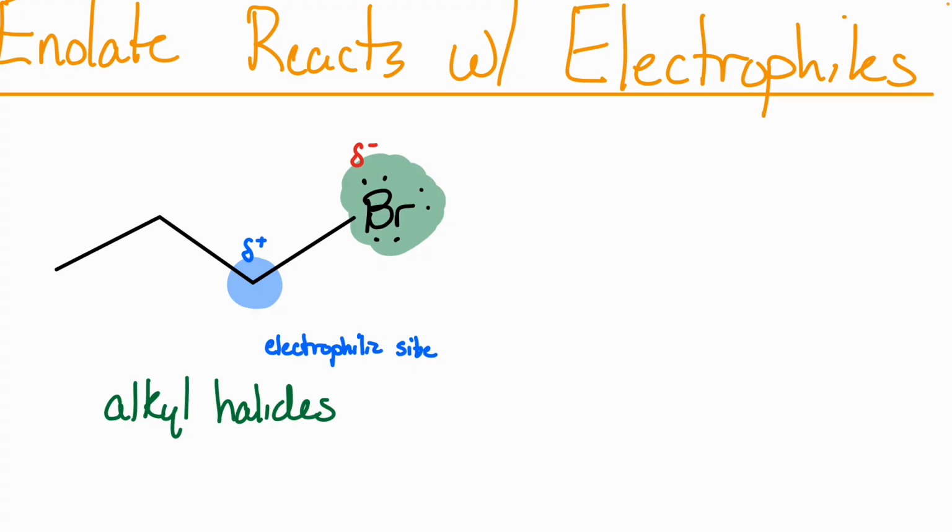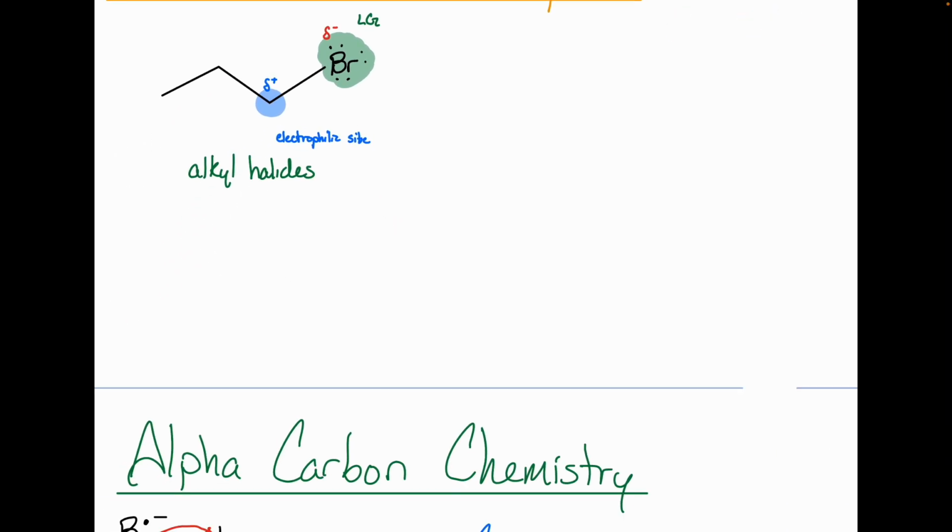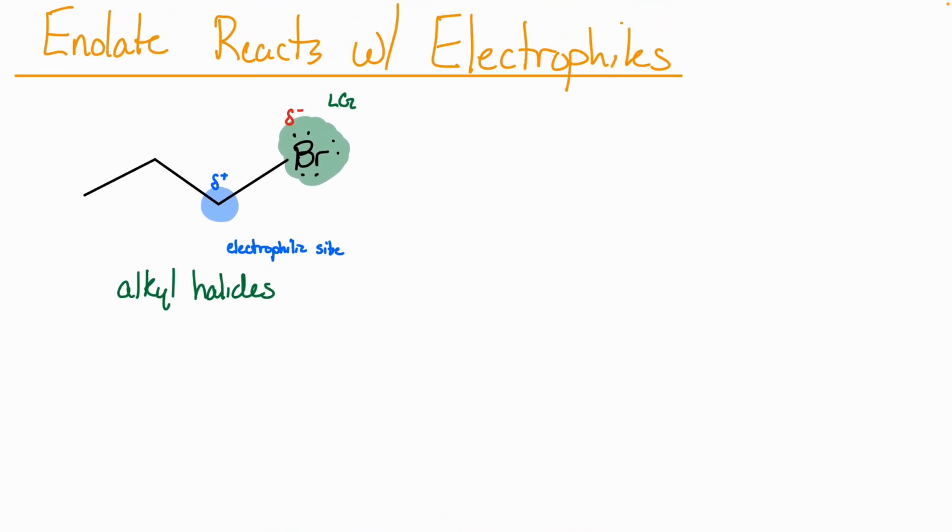The leaving group. Right, so alkyl halides are good electrophiles because they have that relatively electron-poor carbon, and they got a nice built-in leaving group.